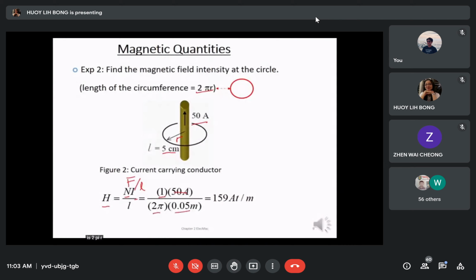Changing from centimeter to meter, we get the magnetic field intensity as 159 ampere turns per meter.